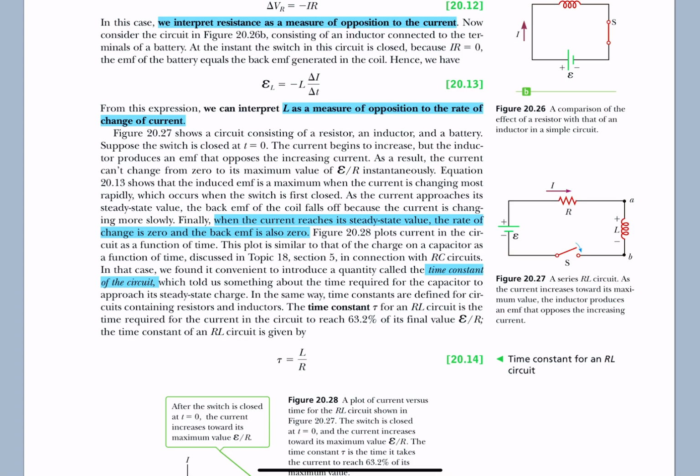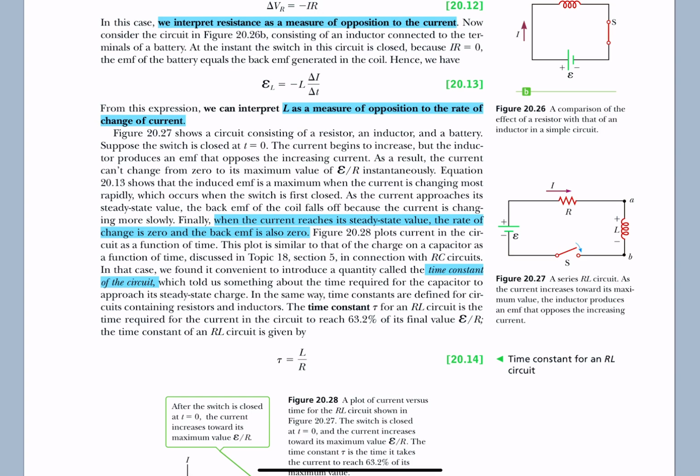Very similar, if not exact in meaning, to what we had with the capacitor. It takes time to reach the maximum current in both the capacitor and in the inductor. In the capacitor, the pushback occurred because of the fact that as charge accumulated on the capacitor, it made it harder for the next batch of charge to get to the capacitor.